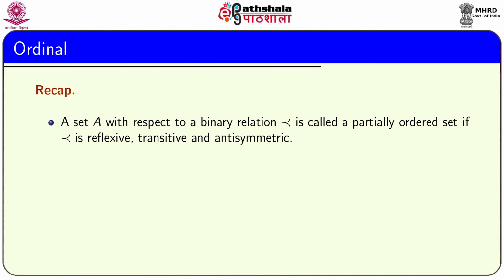To get rid of this difficulty, we introduce the notion of ordinal numbers and then define cardinal numbers in terms of ordinals. A set A with respect to a binary relation less than is called a partially ordered set if this relation is reflexive, transitive and antisymmetric.